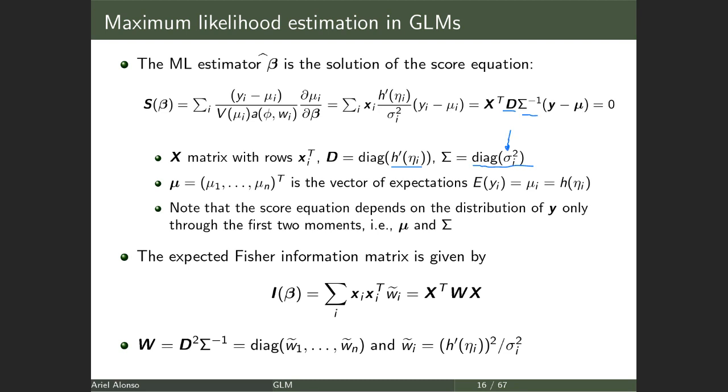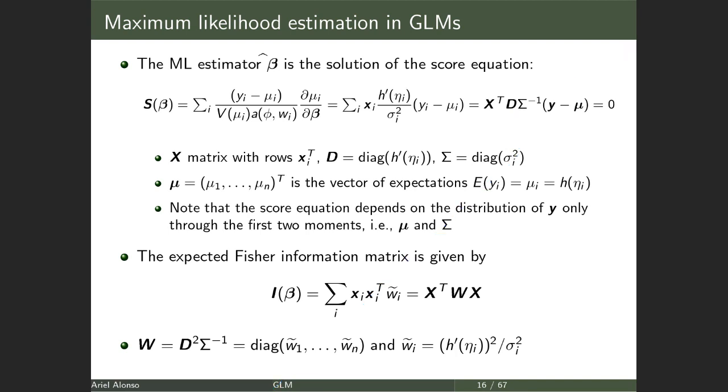And if you go back now to linear regression, or to the binomial logistic regression, or to the Poisson regression, and you look at the score functions, you are going to realize that they all have exactly this structure. The only thing you need to do is plug in the corresponding mean.